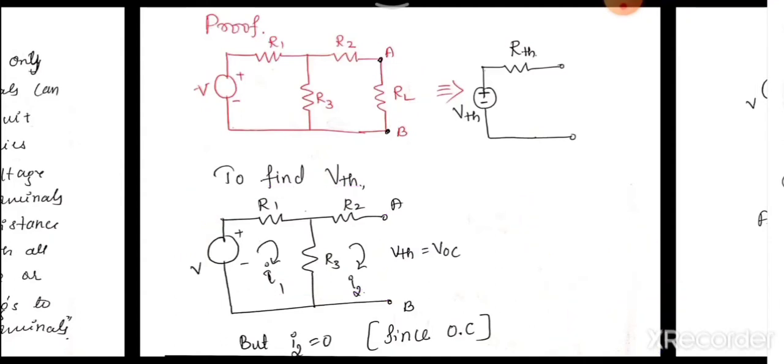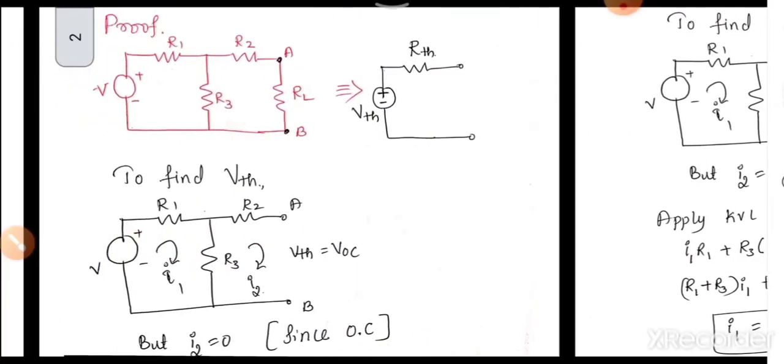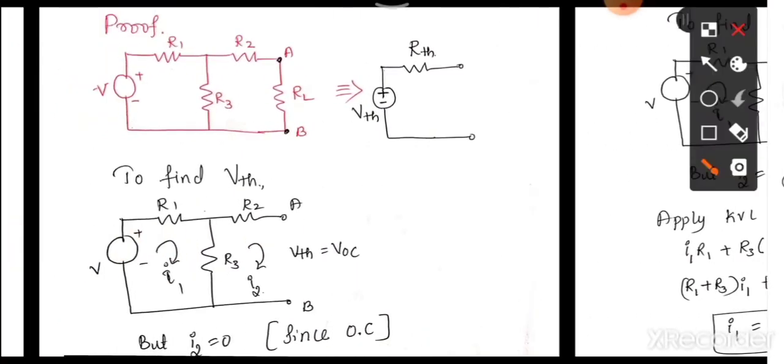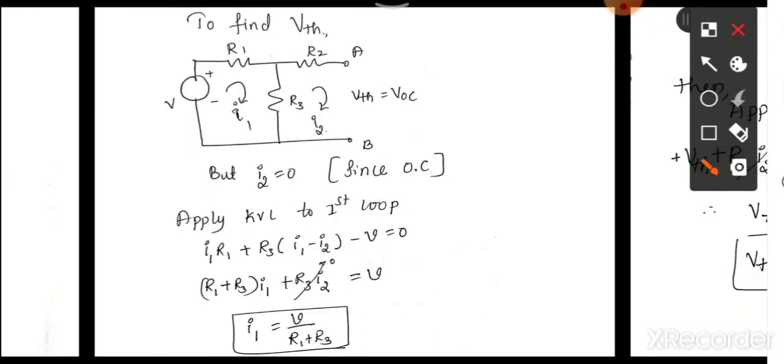That we have to keep in mind. Therefore, since the second loop is an open circuit, I2 will be equal to 0. So we can apply KVL for the first loop and then for the second loop, and we will get to know what the voltage VTH is.